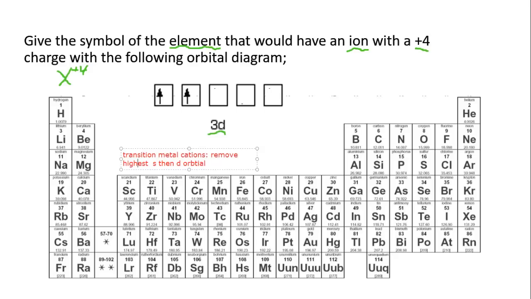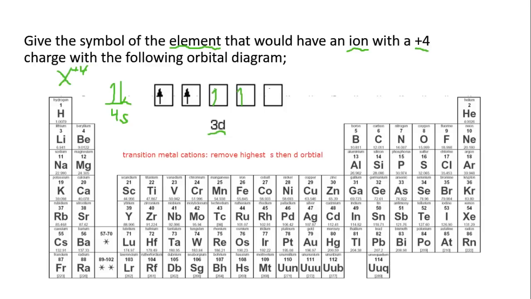So if we want to find out the identity of this element, we're going to do the opposite. We're going to add electrons back to the highest S and then the D orbital. So let's draw another orbital box here, and this is the 4s. We need to add back 4 electrons. So let's first add 2 to the 4s, so we get 4s2, and then we have 2 left to add, so we add 1 here and here.